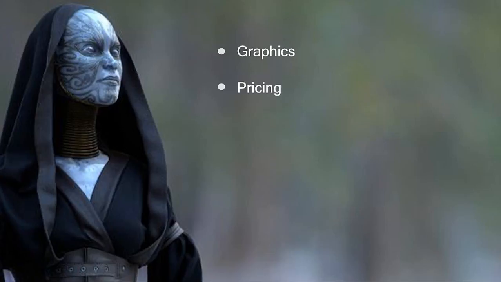Pricing. Unity as a development tool is completely free and royalty free. There are a few different licensing fees for Unity. The Pro version, which is $1,500, offers more features than the free version.